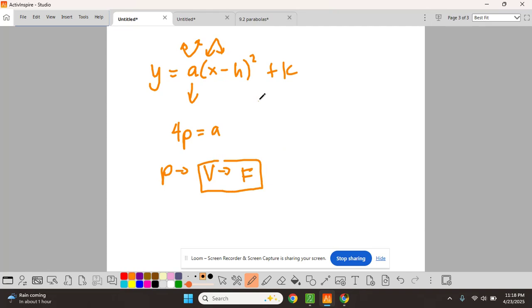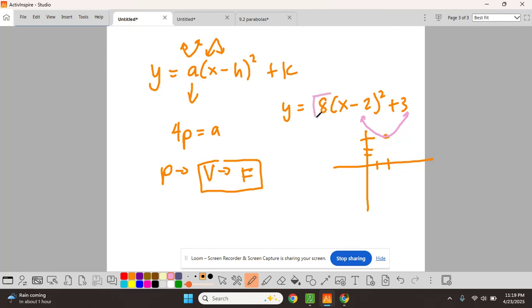On this case here, if for example my example is say 8 times the quantity x minus h squared, let's make it a real point here. Let's say this is minus 2 squared plus 3 here. So I know my vertex here will be at 2, 3. That's my vertex, right? That one opens upward because 8 here is positive.